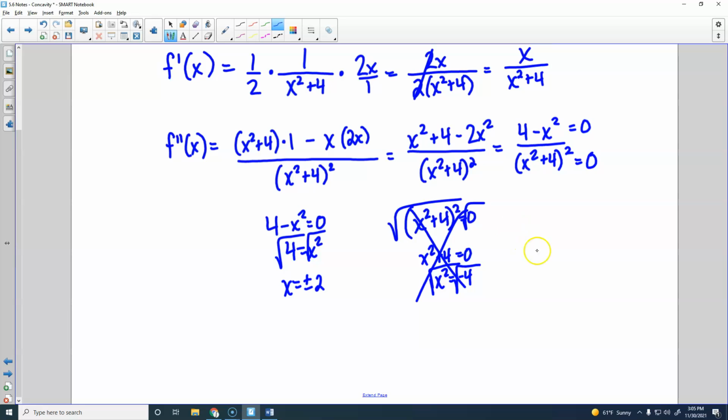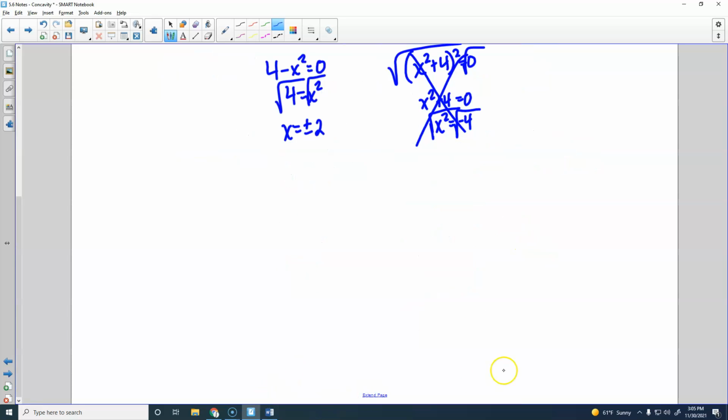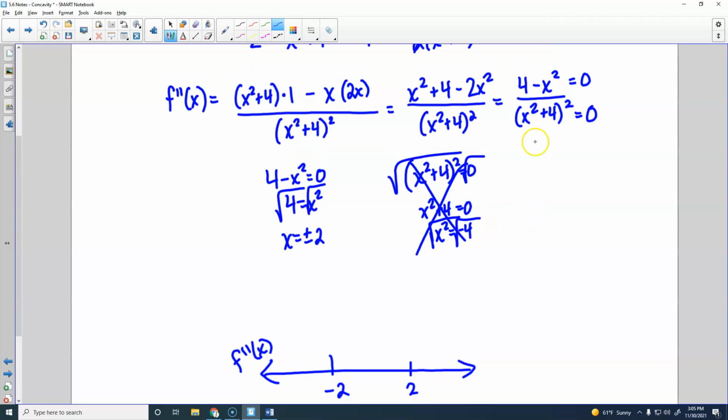All right, so second derivative. Negative 2, positive 2 are our numbers. And we already said the denominator is always positive, right?